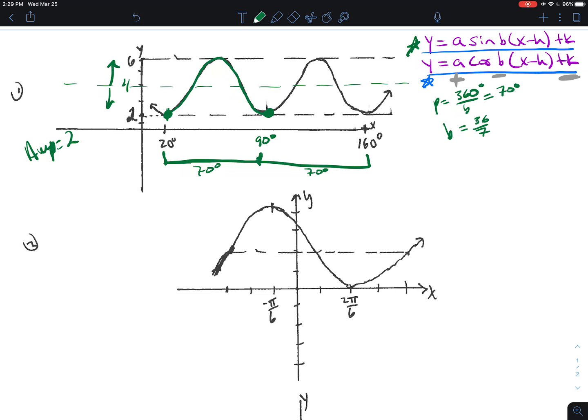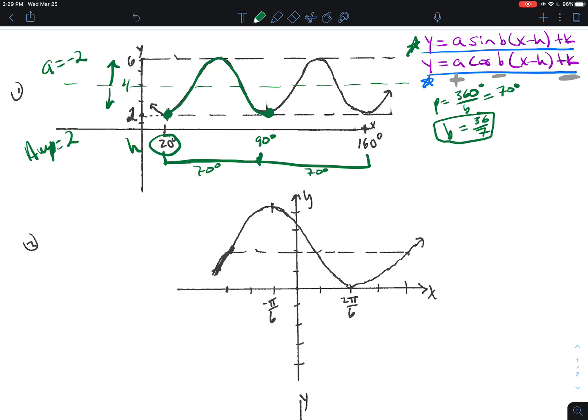So I've got all my pieces. I have a, which is equal to negative 2. I have b, which is 36 over 7, and I got that by taking the period and setting it equal to 70 degrees. I've shifted to the right 20 units, 20 degrees. That's my h value.